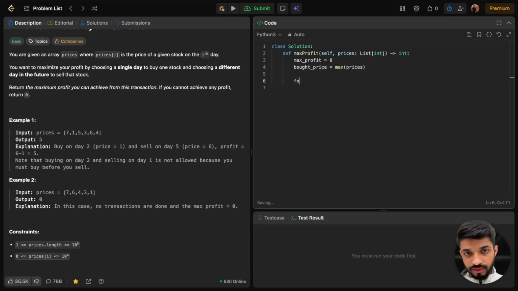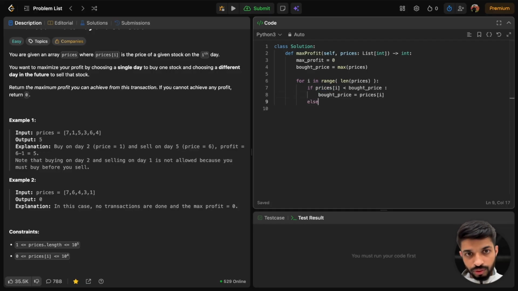Now what next? For i in range up to len of prices, if prices of i is less than bought price, then we'll update bought price to price of i. Else what we need to do?